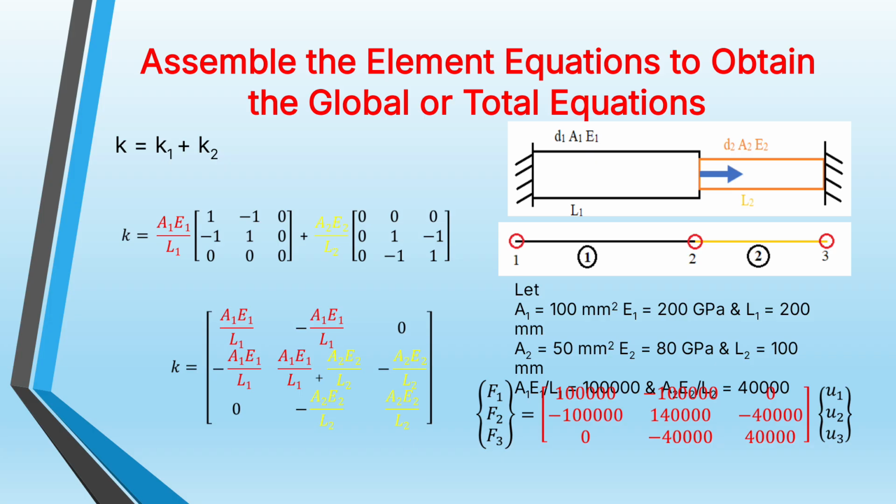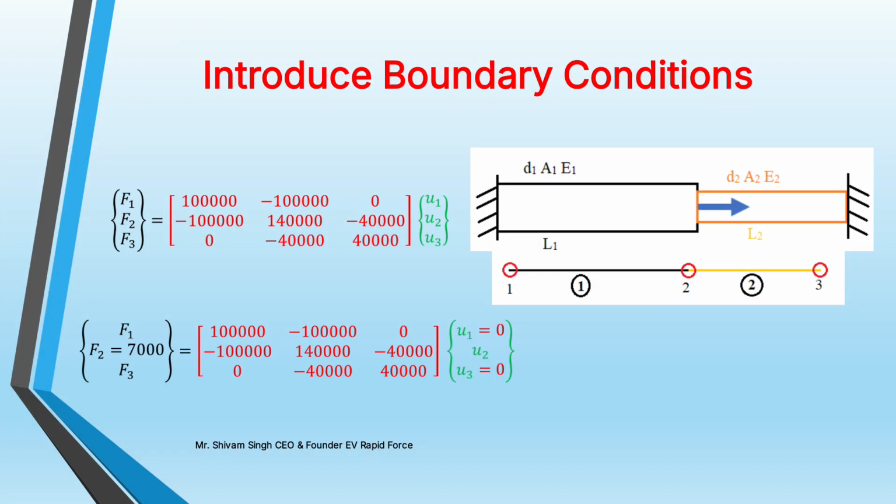After that we put these into the finite element equation, with F1, F2, F3 and the global stiffness matrix. After putting in these values, we get the global stiffness matrix and the displacement vector. Similarly, in the equation we get 120.